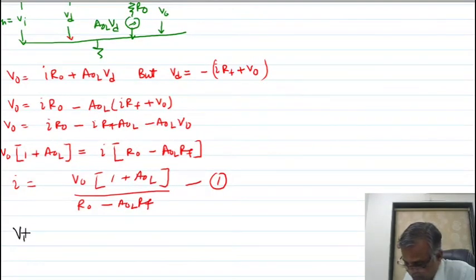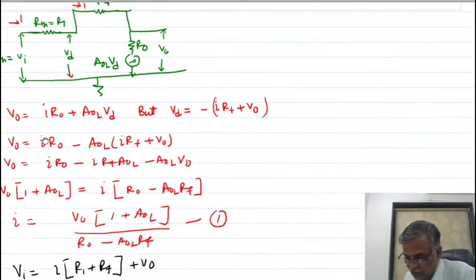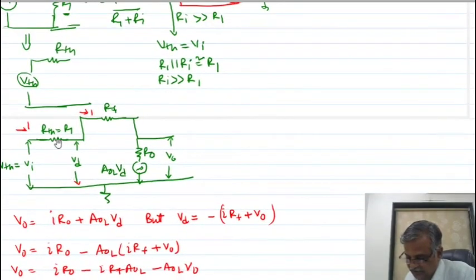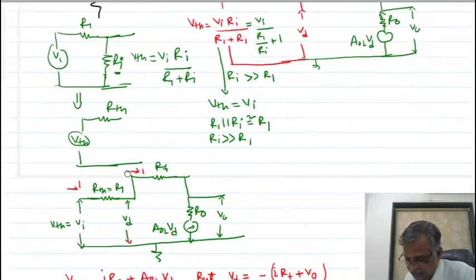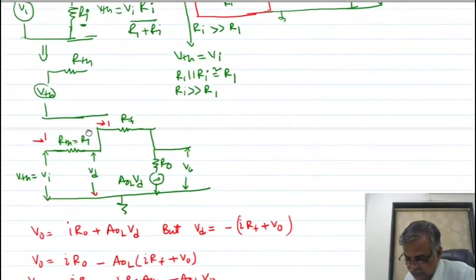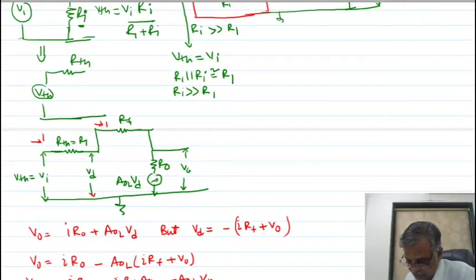From the input section I can write current multiplied by resistance plus VO. I am applying Kirchhoff's law to this section. So I can write VI is nothing but I into R1 plus I into RF plus VO.